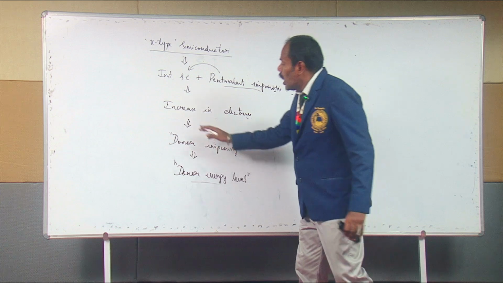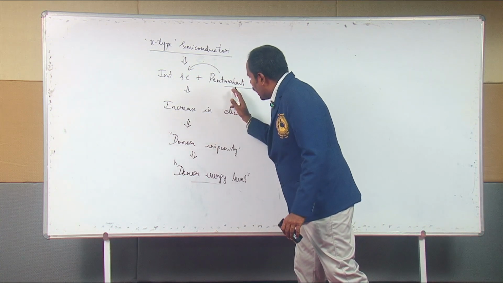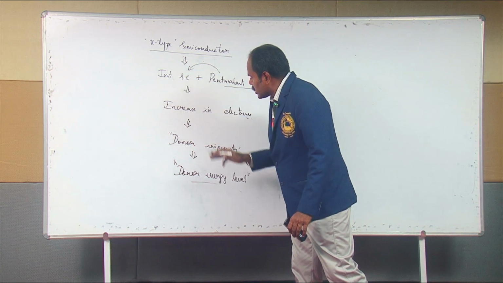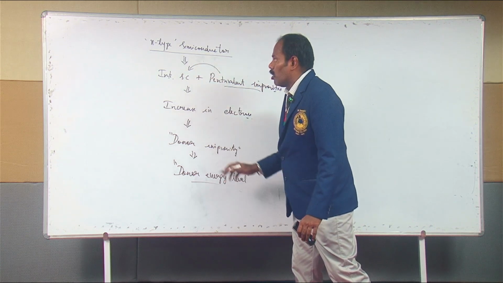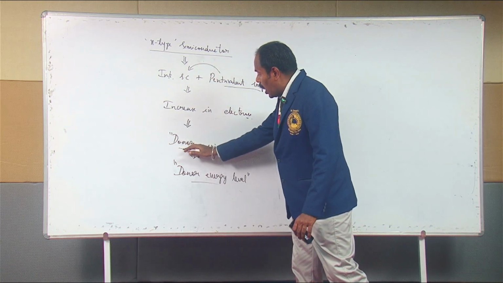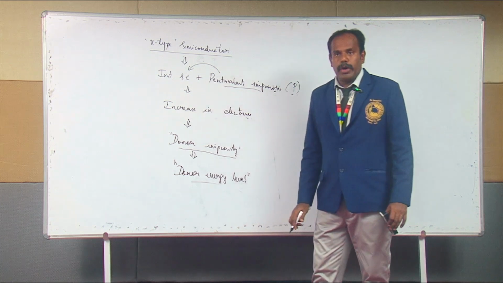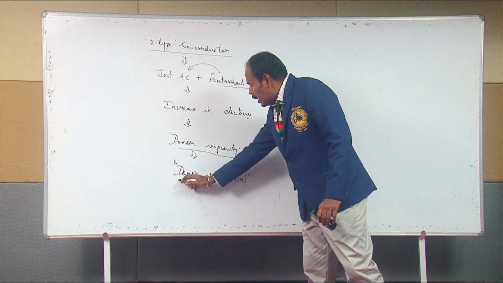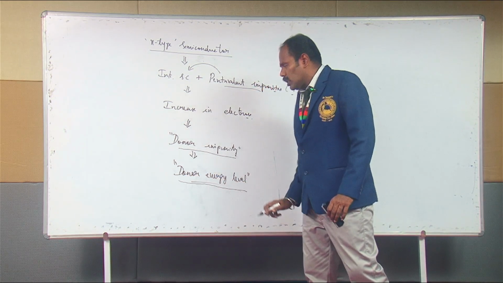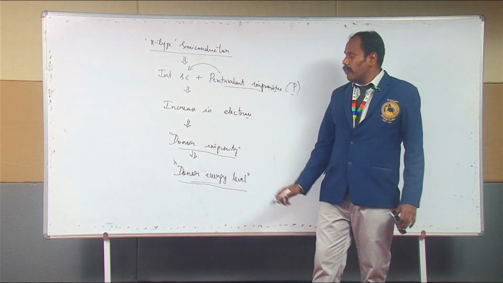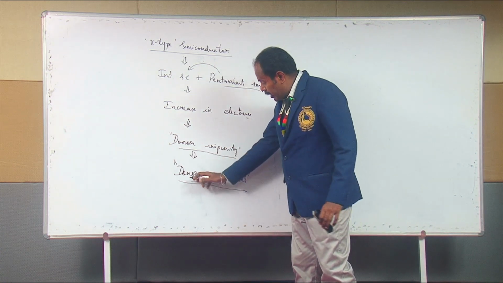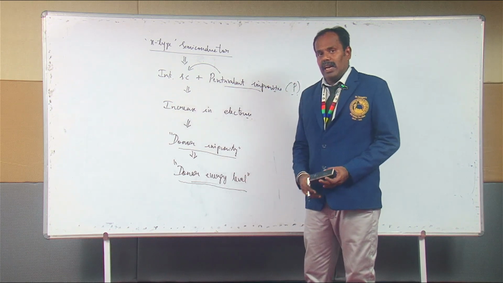So, job is done. The impurity atom added to the intrinsic semiconductor in the case of N-type semiconductors is referred to as the donor impurity atom, and the new energy level introduced into the system due to the addition of the donor impurity atom is referred to as the donor energy level.